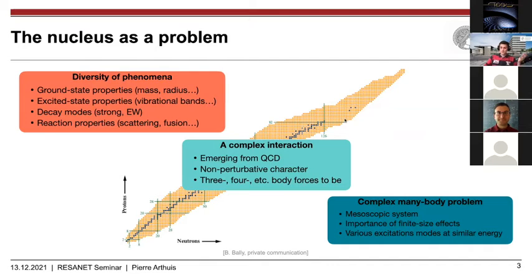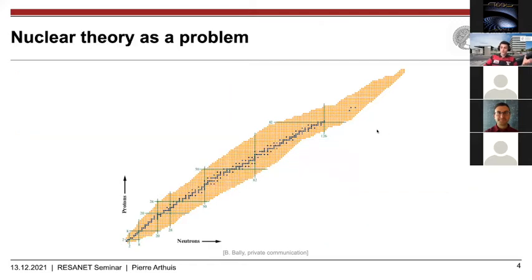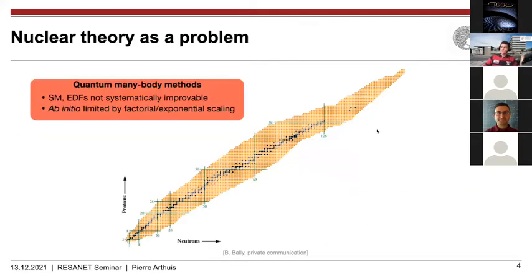in the first place. So all of this makes nuclear theory quite a complex endeavor. But that doesn't mean people haven't done things over the past decades. And basically, you definitely know about the most used methods, that is shell model and energy density functionals, that are very good at reproducing experimental data.